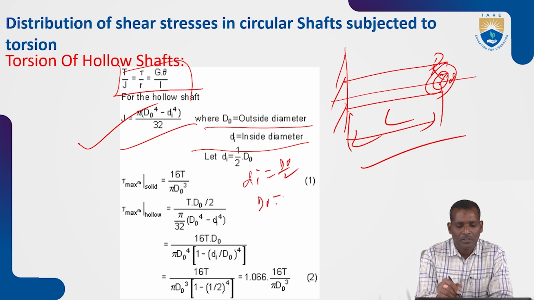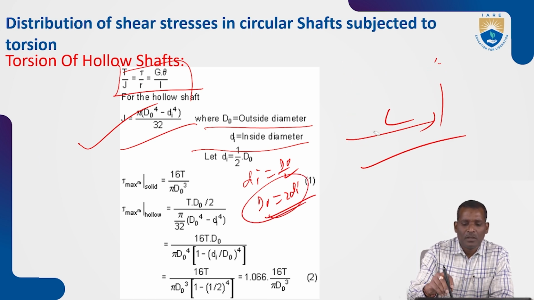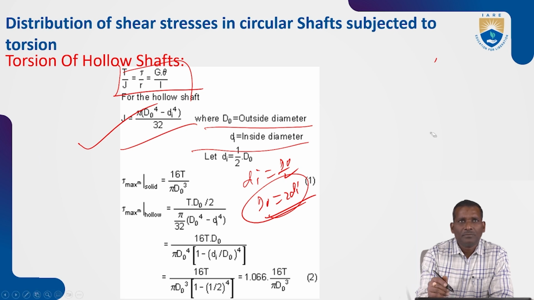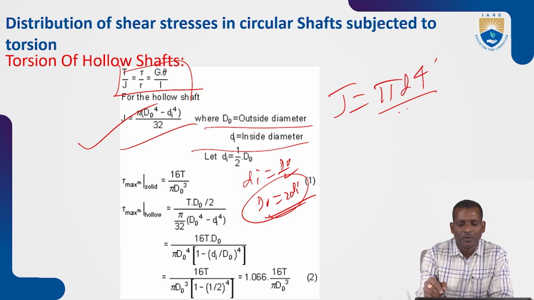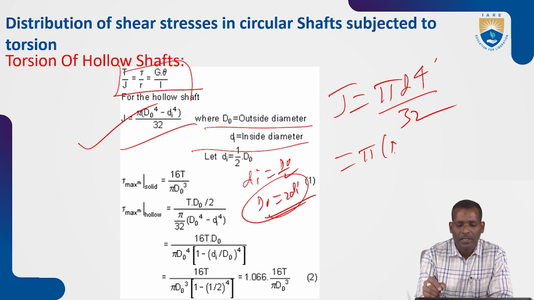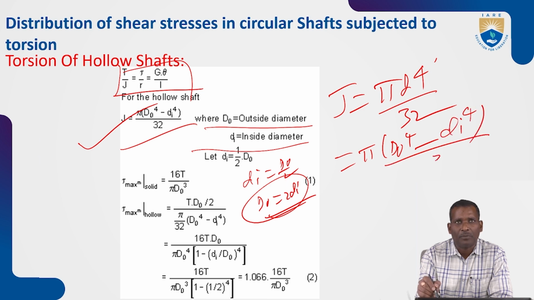For the solid shaft, you already know J is pi d to the power of 4 by 32. But the solid shaft has only one diameter, whereas here we have an inner and an outer diameter. That's why we calculate D naught, the external diameter, to the power of 4 minus the inner diameter to the power of 4, by 32.